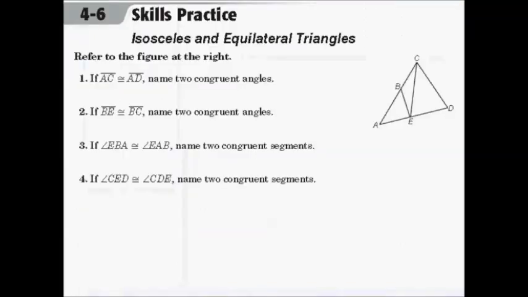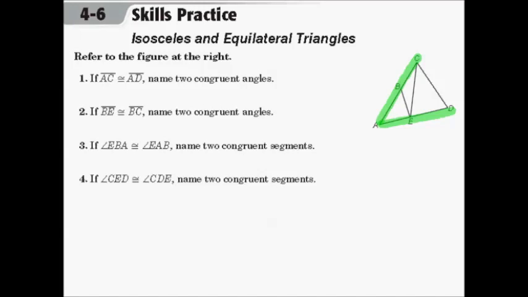And my first question says if AC, that's this whole side here, AC, is congruent to AD, I need to name two congruent angles. Now, I can't just say angle C. Do you know why I can't just say angle C? Because there's two angles there, and I have to know which one I'm talking about.